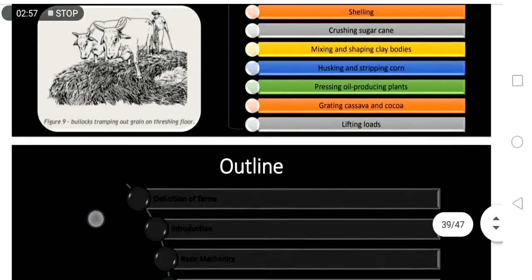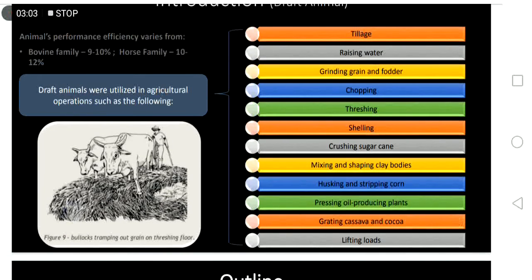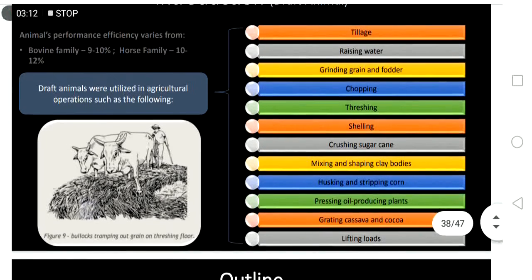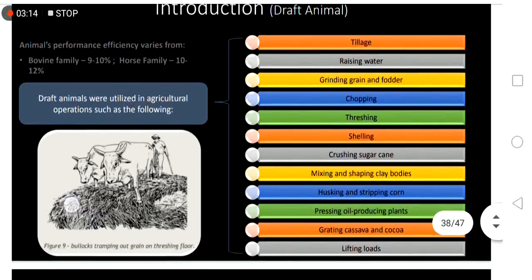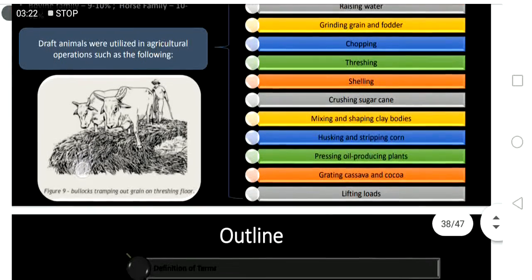Then shelling, mixing and shaping clay bodies, husking and stripping corn, pressing oil, producing plants, grating cassava and cocoa, lifting loads, of course. And there are so many agricultural operations where we can utilize animal power.